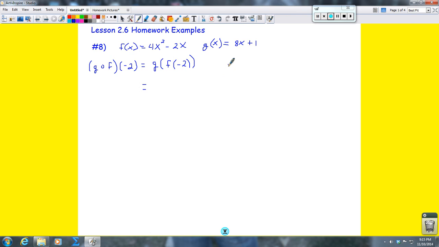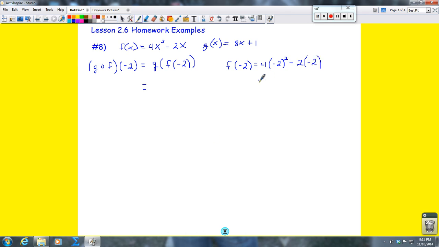So I'm going to come off to the side here and find f of -2. That just means replace all the x's with -2. So we have 4 times -2 squared minus 2 times -2.